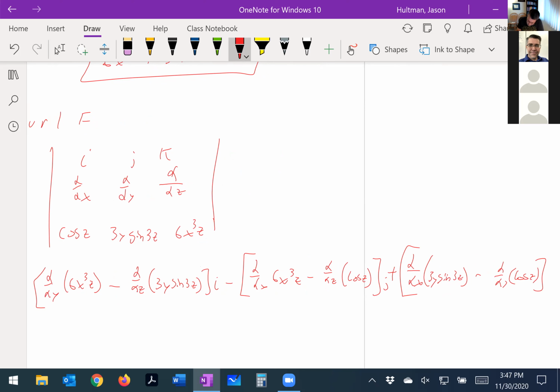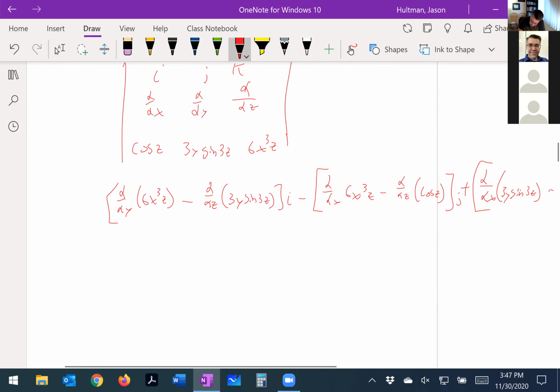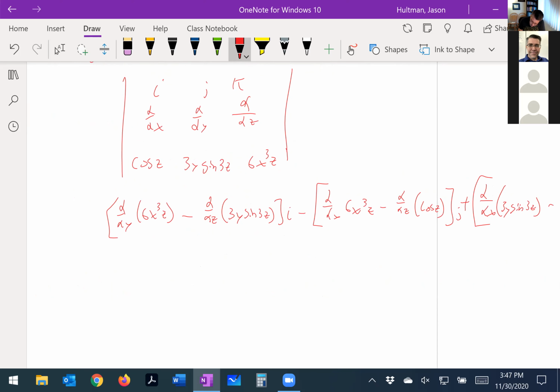Okay, so d dy of 6x cubed z, that's 0. D dz here, this is going to be 3y sine, the sine is going to go to cosine, chain rule tells me that's going to be a 3 cosine 3z. So 3 times 3 is 9.